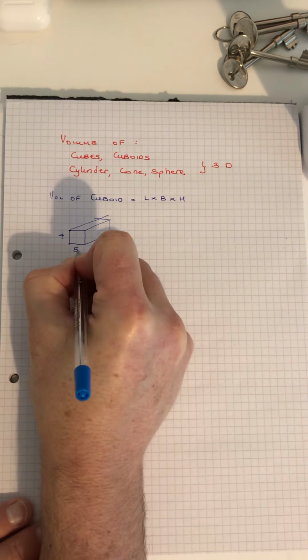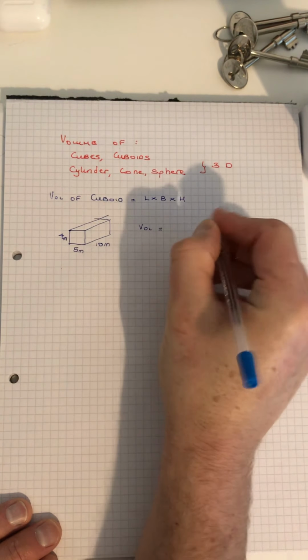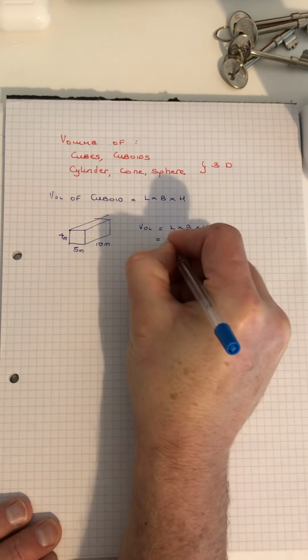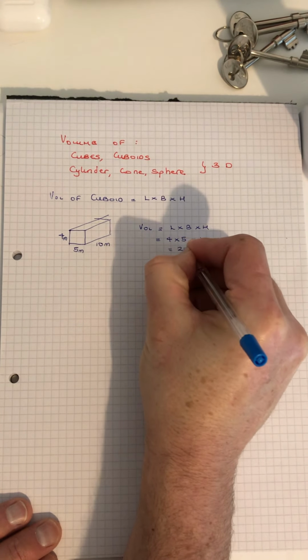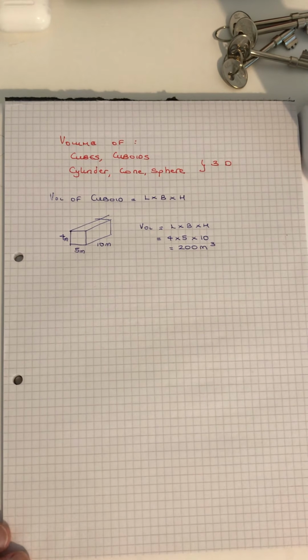We'll say it's in meters, like a box. The volume then would be equal to length by breadth by height, which is 4 by 5 by 10, which is equal to 200 meters cubed, okay?